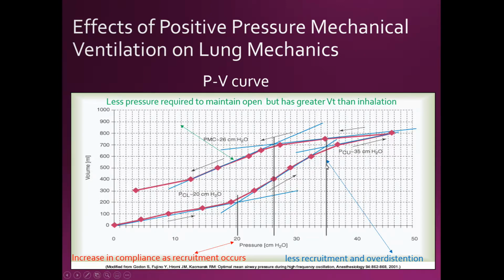Right when you get to this part, it says less recruitment and overdistension. So this is where the alveoli max out. Then if I continue to keep adding more pressure, it causes the beaking. Okay, around this point it says less pressure required to maintain open but has greater tidal volume than inhalation.